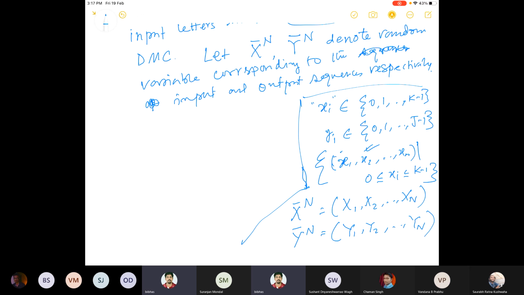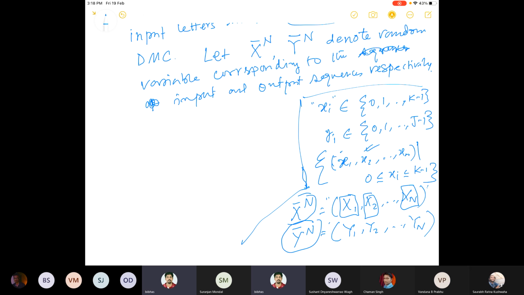Okay, so then there is also a joint distribution of X1, X2, ..., Xn and Y1, Y2, ..., Yn, and this represents that random variable. And each of these is also a random variable, so each random variable will also have a distribution.